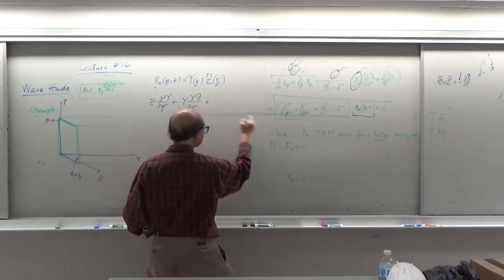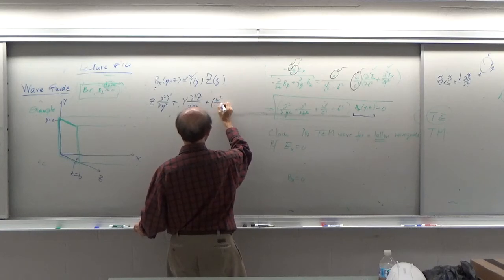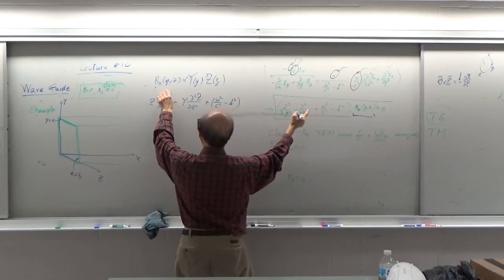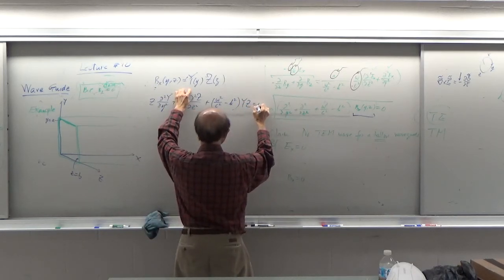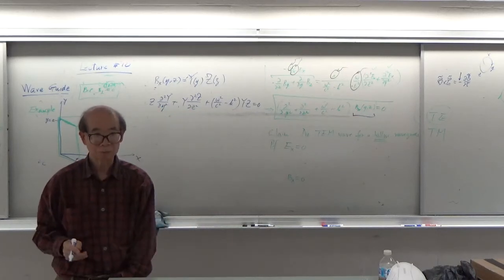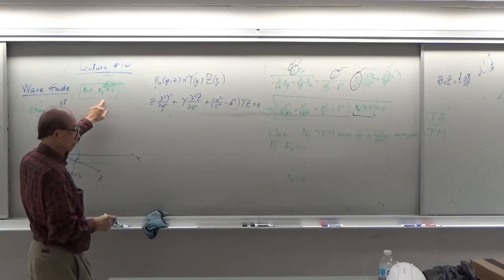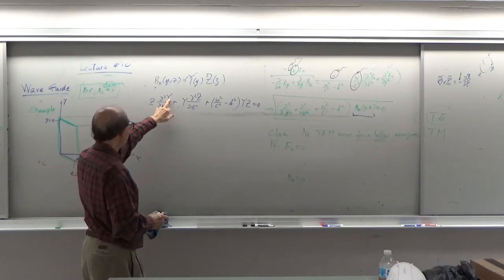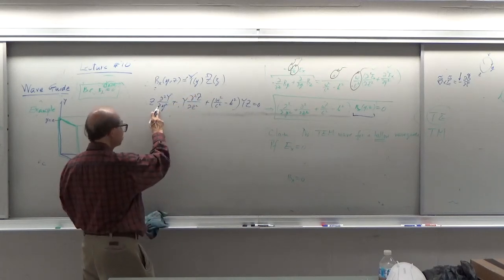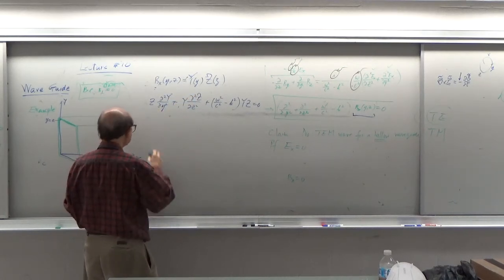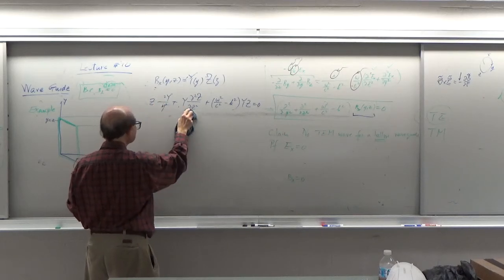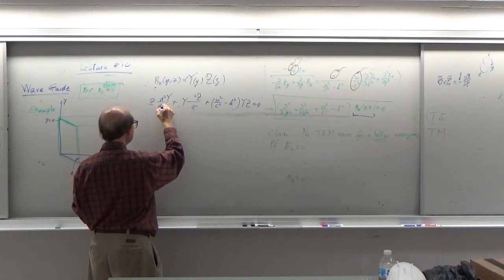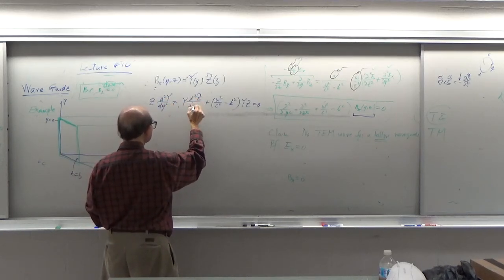Then plus the constant omega squared over c squared minus k squared times YZ equals 0. That's the equation I'm going to solve. Substitute for this boundary condition. All right, and since Y depends only on the y coordinate, I can change the partial derivatives into ordinary derivatives. So it's d squared by dy squared, d squared by dz squared times Z.